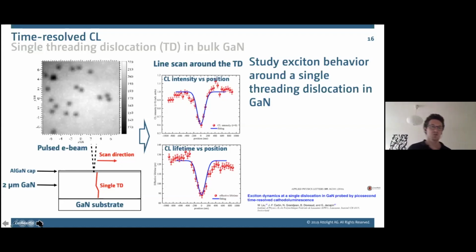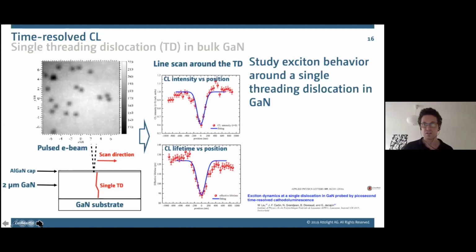This allows you to do some interesting physics, because in this particular case, the impact of a single edge threading dislocation in gallium nitride on the radiative lifetime of the exciton was directly measured.